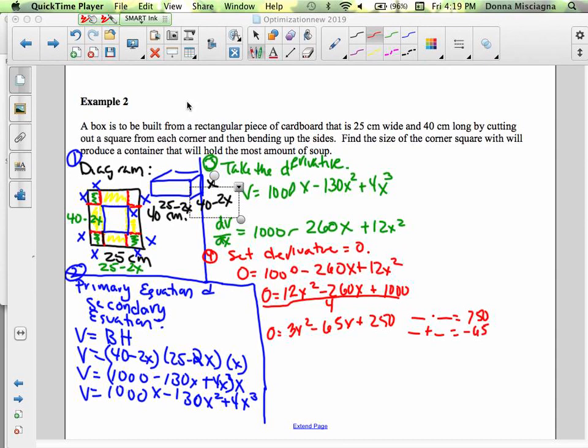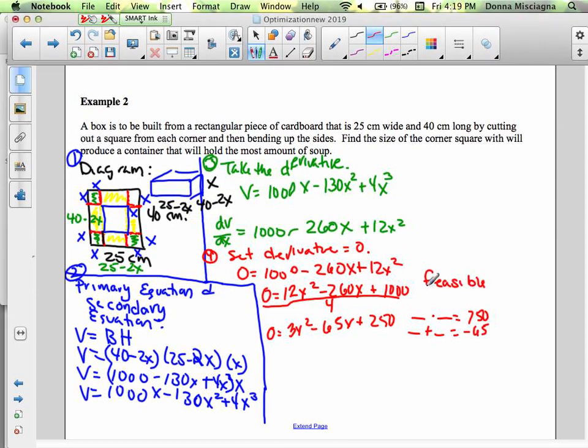All right, so if we think about our feasible domain, I'll put it right here. We know that x first of all has got to be greater than 0, right? It can't be negative. Can't cut out a negative amount.